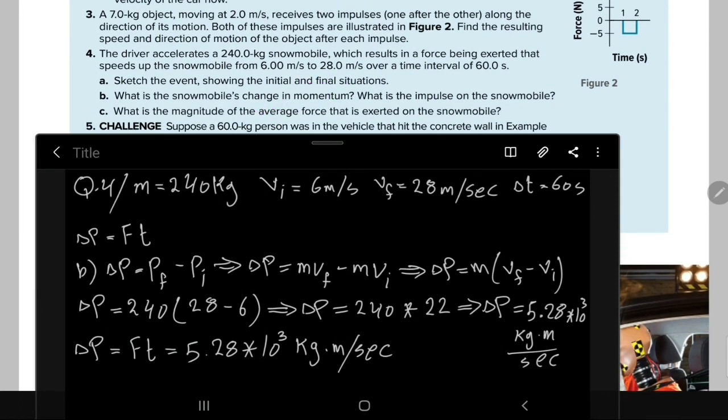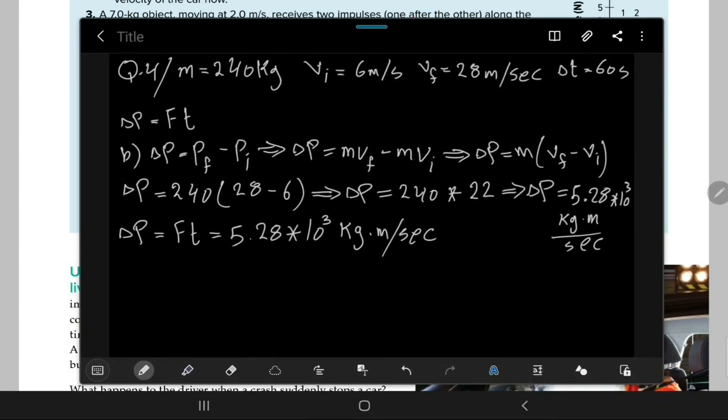After that, we will find C. What is the magnitude of the average force that is exerted on the snowmobile? So here we should find the force, which is F. This is C. We have F t equal to delta P. And because we need to find F, F is equal to delta P over t.